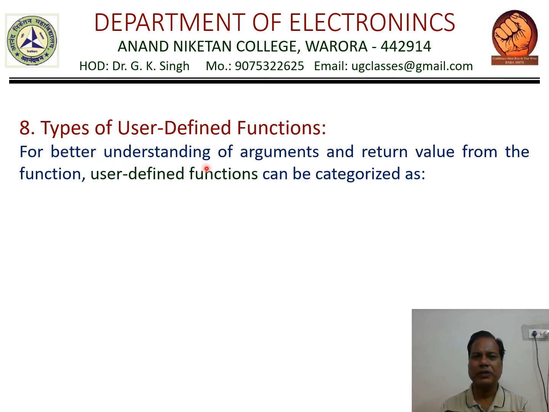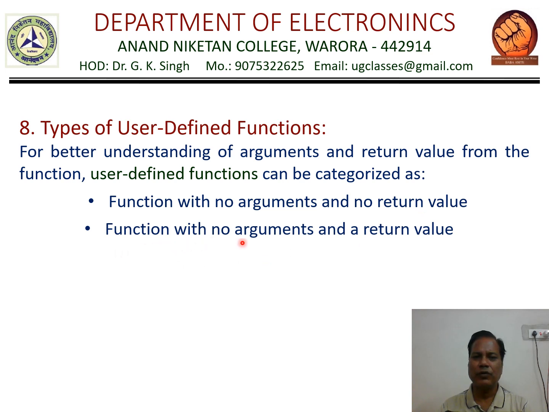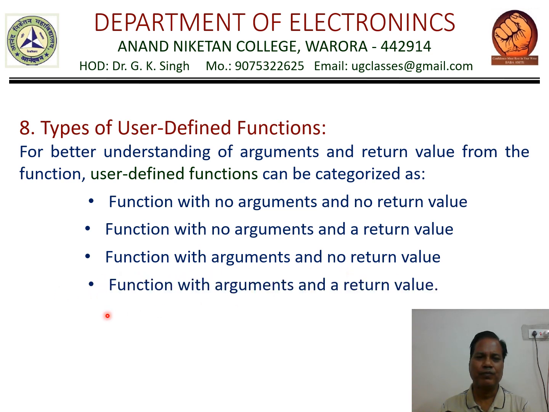For better understanding of arguments and return value from the function, user-defined functions can be categorized as: function with no arguments and no return value, function with no arguments and a return value, function with arguments and no return value, function with arguments and a return value.